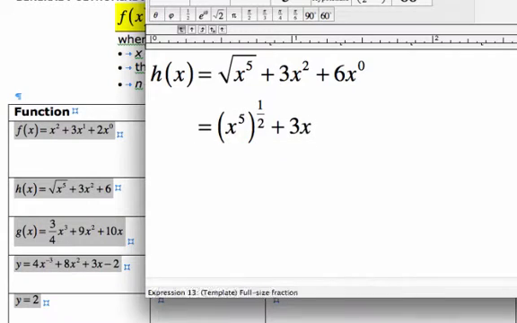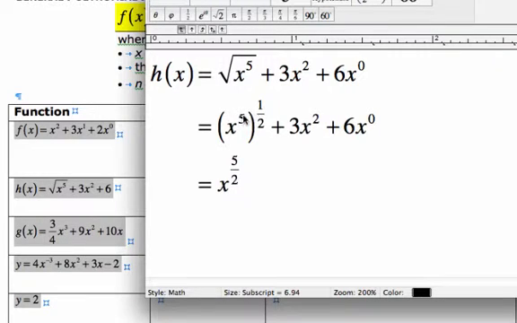The rest remain the same. When we simplify this first term, we have x to the exponent of 5/2, remembering that when we have an exponent taken to another exponent, those two exponents multiply.